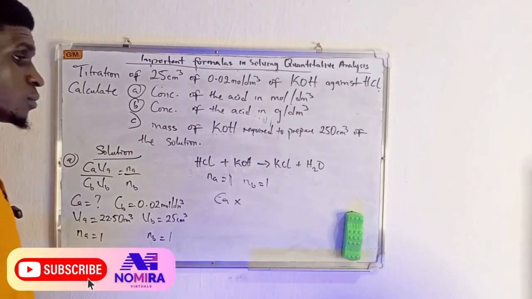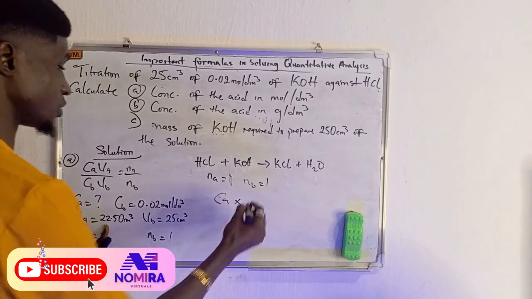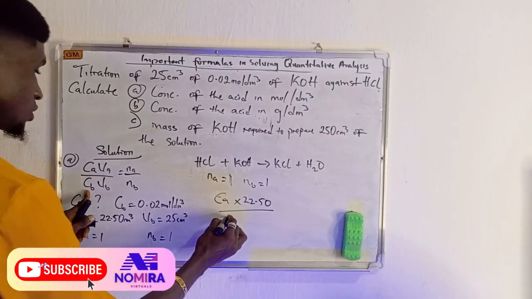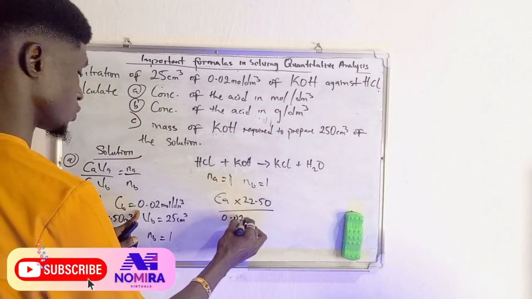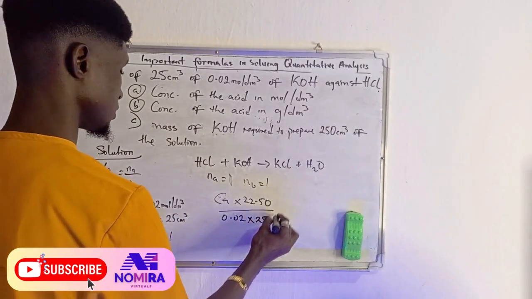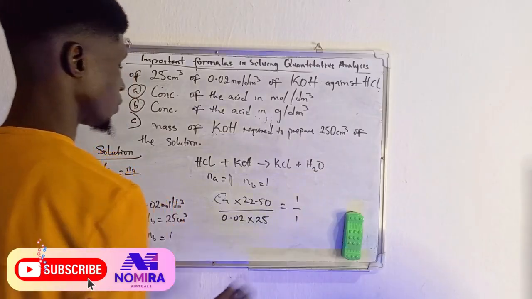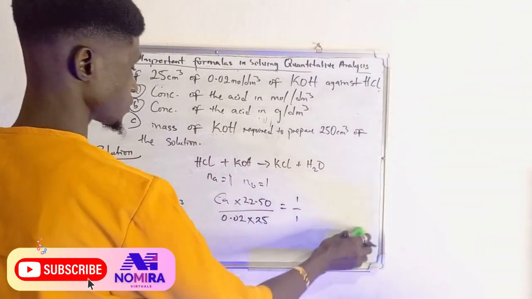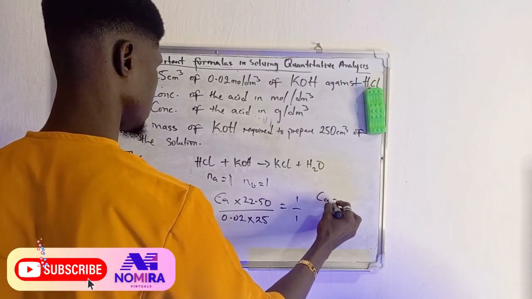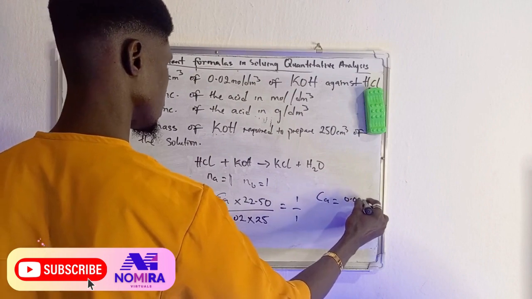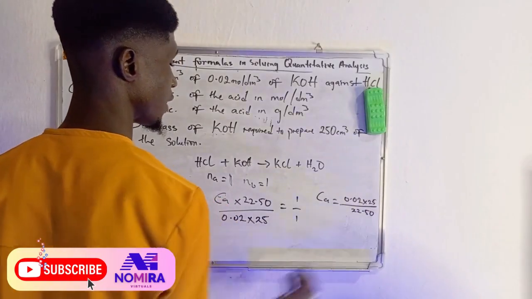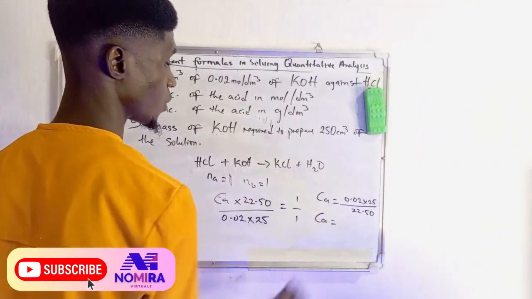So let us apply this in the formula, where Ca, what we are looking for, times Va, the average volume of acid used, which is the end point, 22.50, all over Cb, given as 0.02, times Vb, the volume of the pipette, equals 1 over 1. Therefore Ca is equal to 0.02 times 25 all over 22.5.